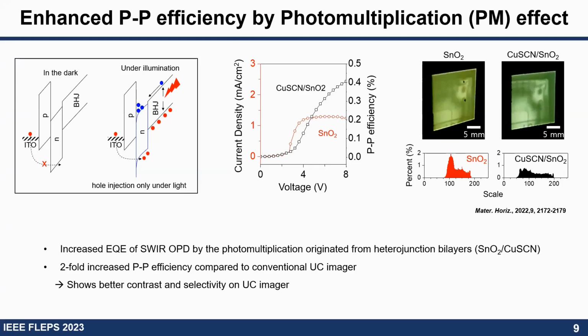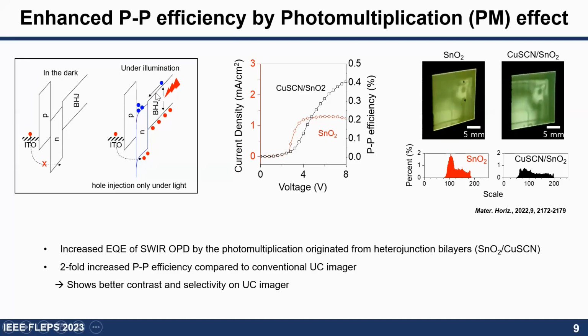In the operation mechanism of this heterojunction bilayer, under illumination, the generated electrons are accumulated in the copper thiocyanate layer because of the high LUMO level. Because of these accumulated charges, band bending occurs in the n-type interlayer. Also, the injected charge can be tunneled into the BHJ layer.